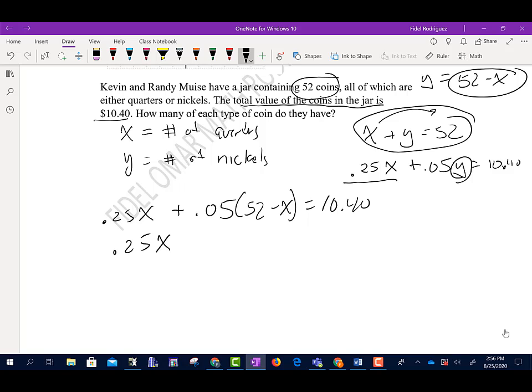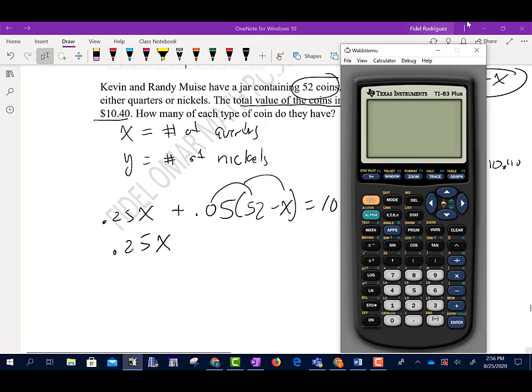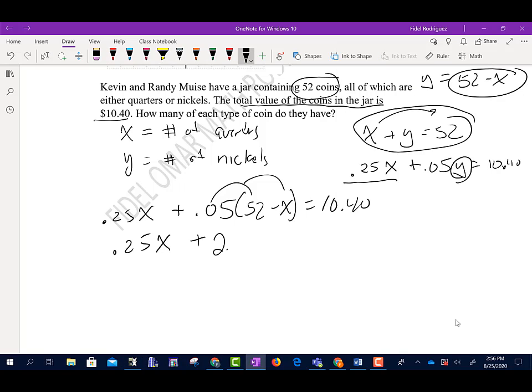Guys, we don't need to be nervous about decimals. We're just going to multiply. So let me grab my calculator real quick. There we go, and turn it on. I need to take 0.05 times 52. And that's going to give me 2.6, plus 2.6.